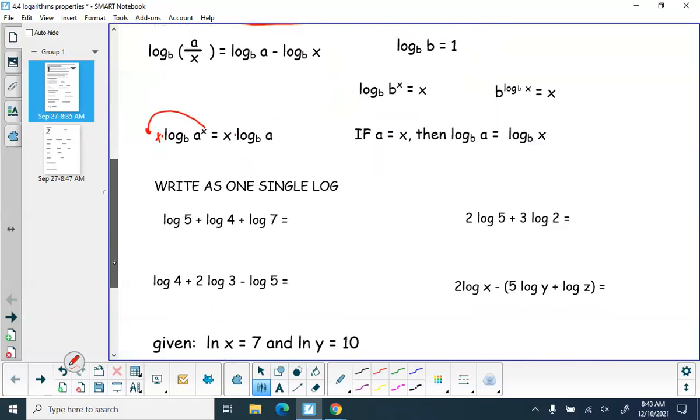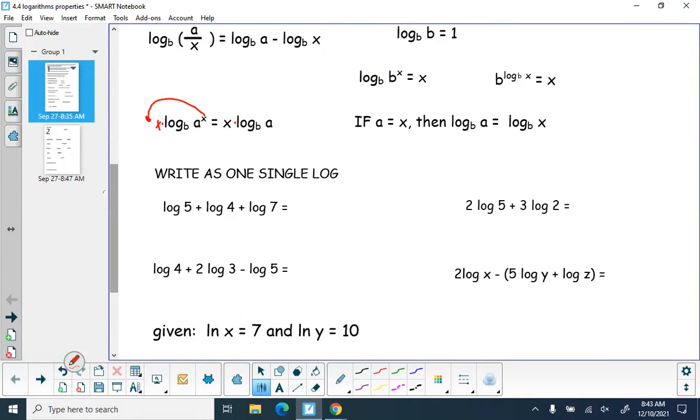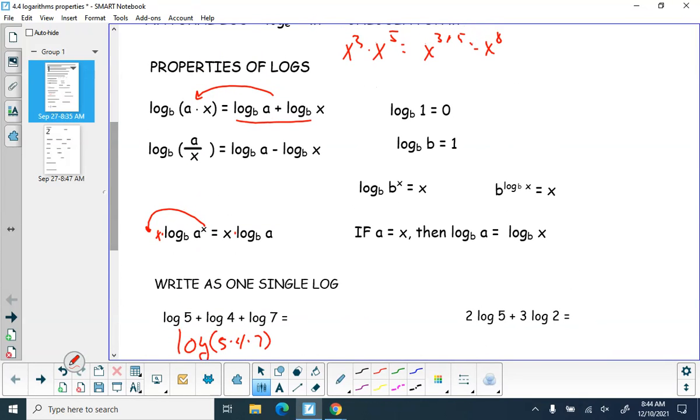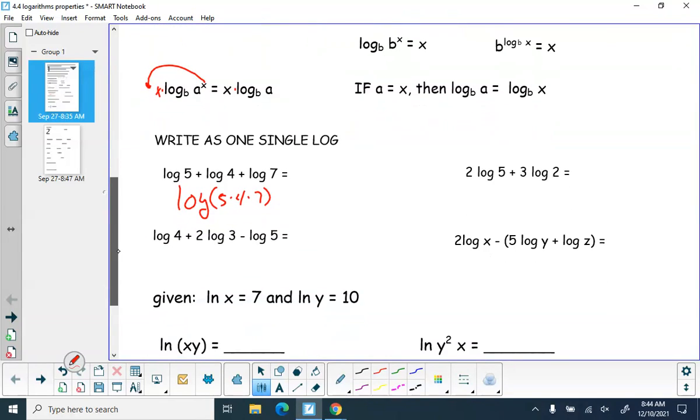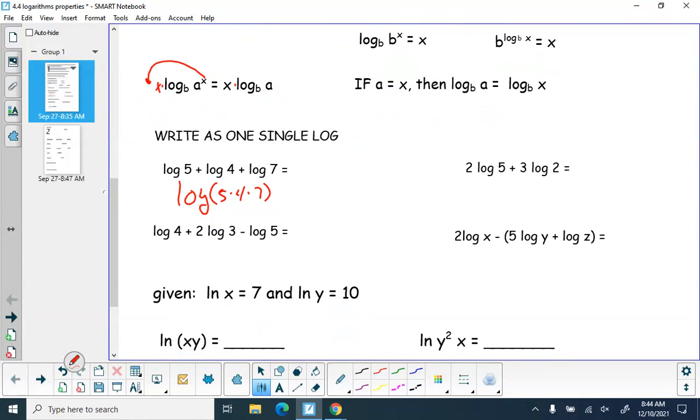Well, if these logs are being added together, I can write this as one single log of all the things being multiplied together. 5 times 4 times 7. All we're doing is taking this process and putting it in reverse. If I have two logs being added together with the same base, I can write it as one log of both of them being multiplied together. So we have a log of 140.